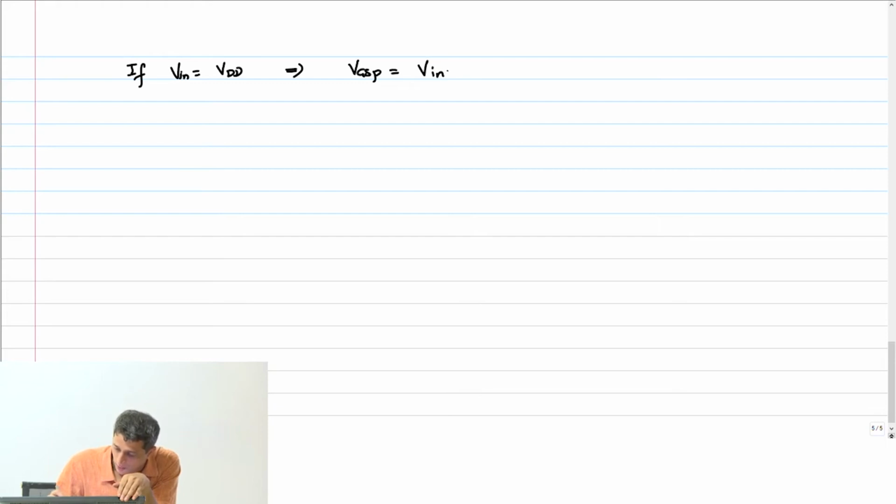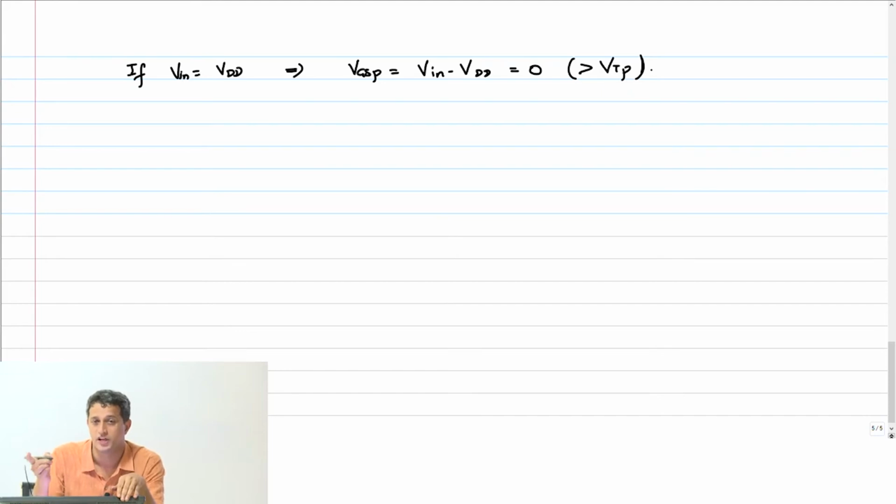Similarly, if V in equals VDD, what is VGSP? It is V in minus VDD, right? Equals 0, and obviously this is greater than VTP. Remember, VTP is a negative number. It should be more negative than that, only then it can conduct.